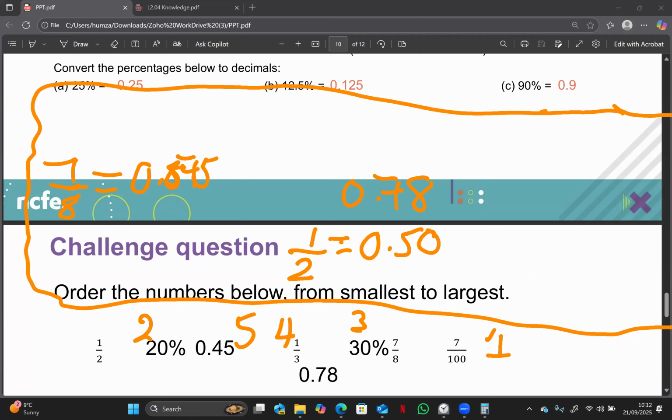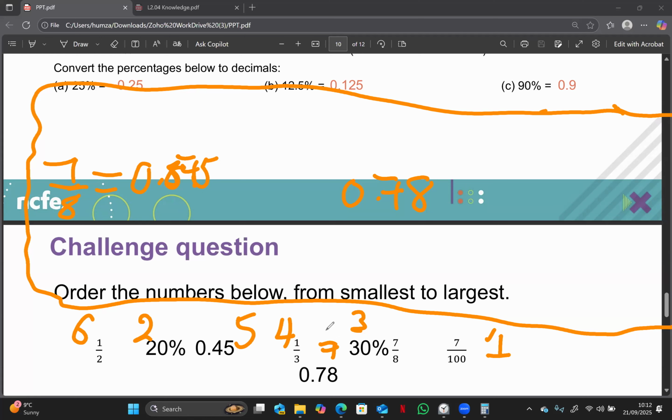What's the seventh one? Out of them two, what's smaller, 0.875 or 0.78? 0.78. Yes, exactly. So that's the seventh one, sorry.